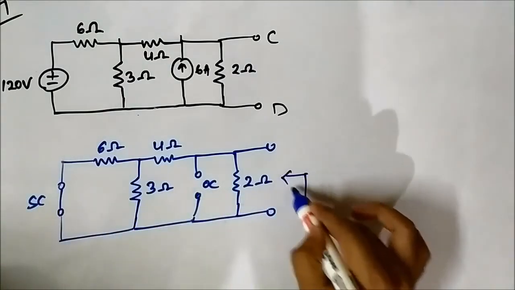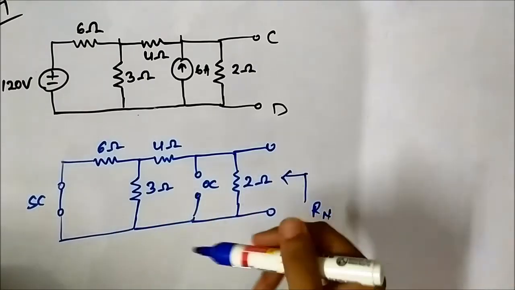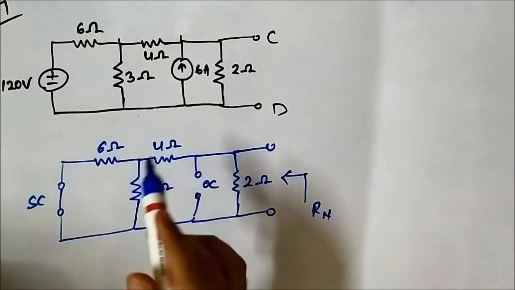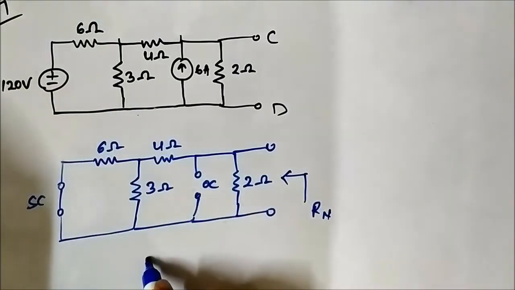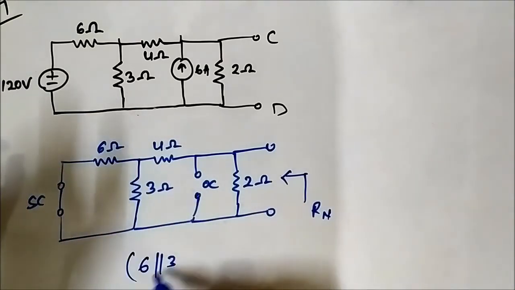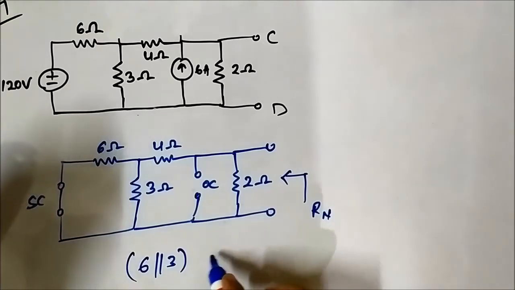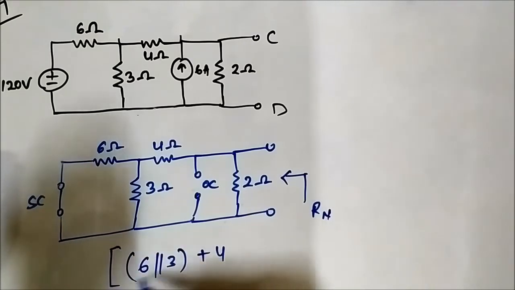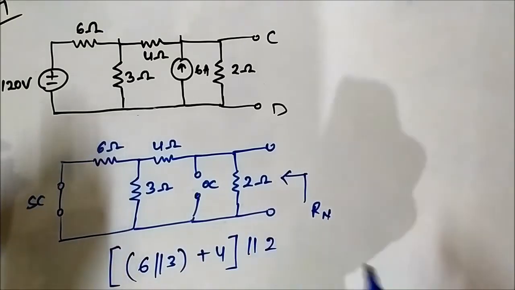For the Norton equivalent resistance, the 6 ohm and 3 ohm resistors are in parallel with respect to each other. The resultant is in series with the 4 ohm, and that resultant is in parallel with the 2 ohm resistor.